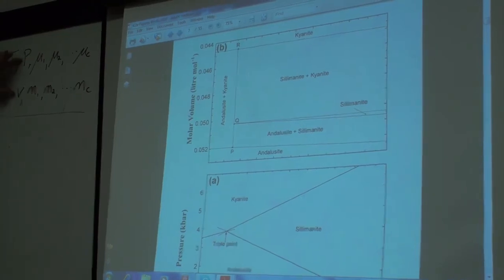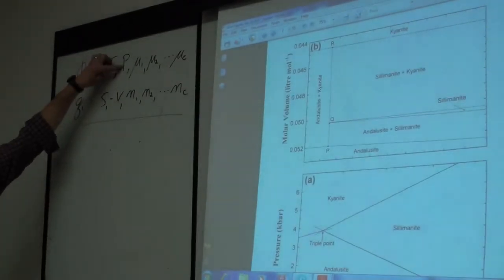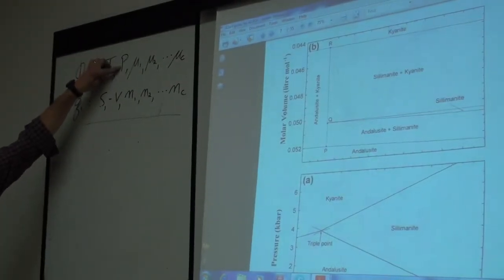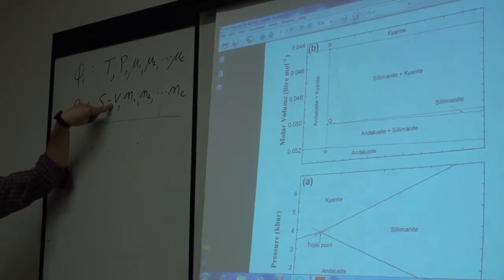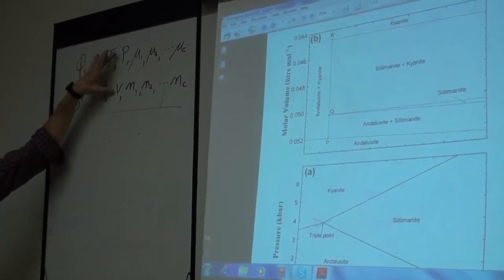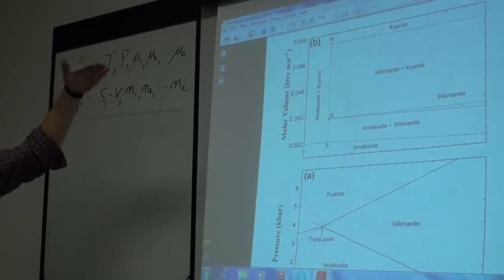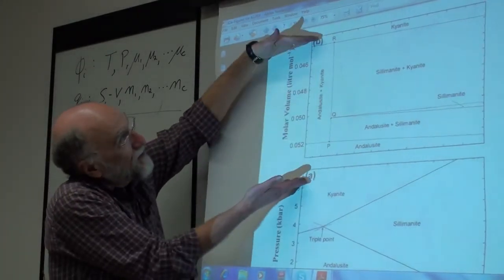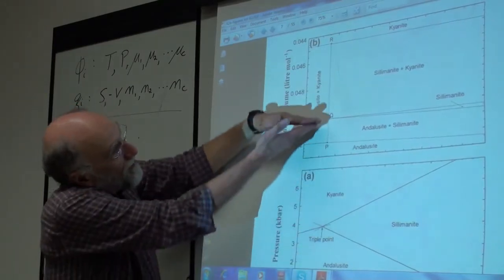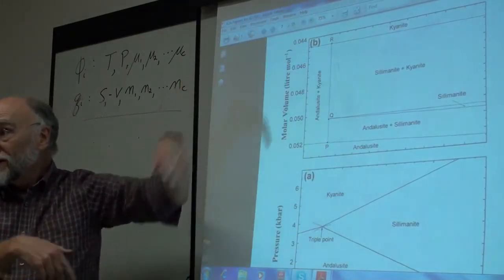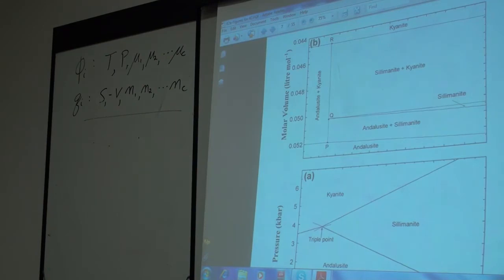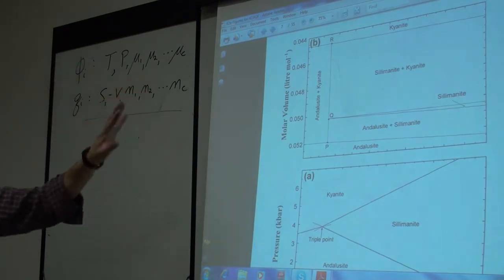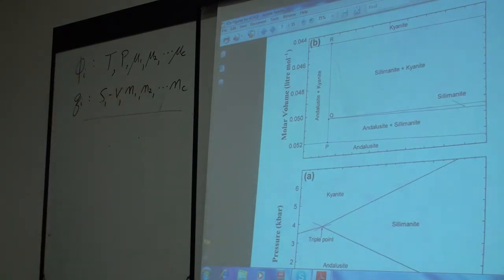So in the lower diagram the y-axis is pressure, and in the upper diagram it is the molar volume. This is the corresponding variable. And you can see how the diagrams correspond. Every two-phase line becomes a two-phase region. Every triple point becomes a three-phase invariant. And the diagrams correspond exactly. So the two diagrams together give you complementary information. Another example.